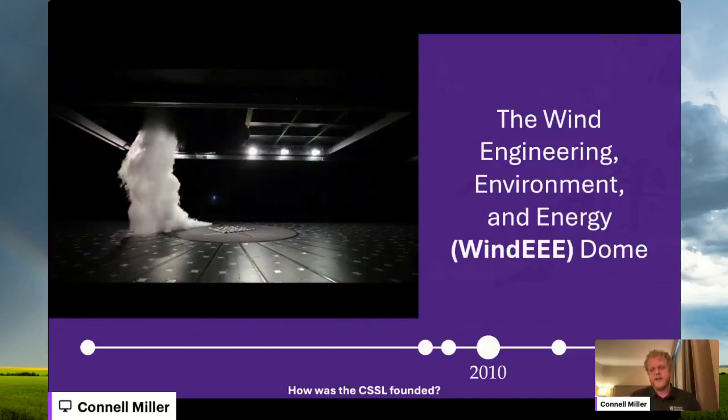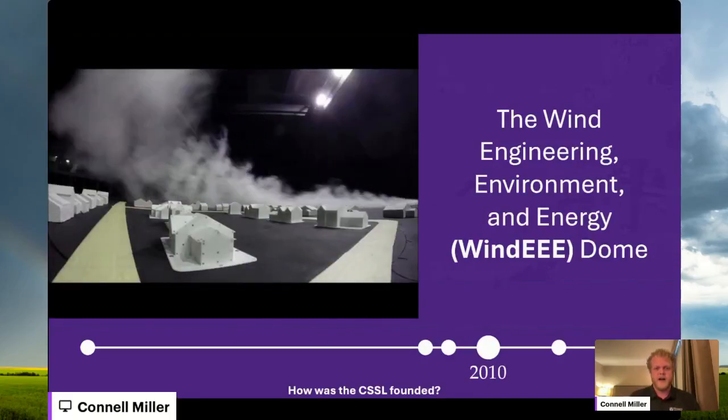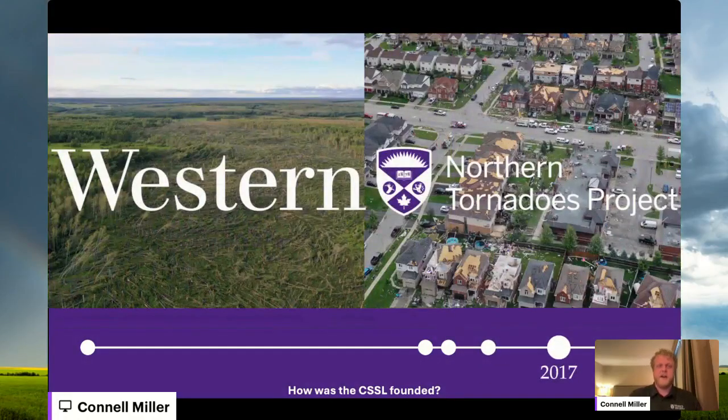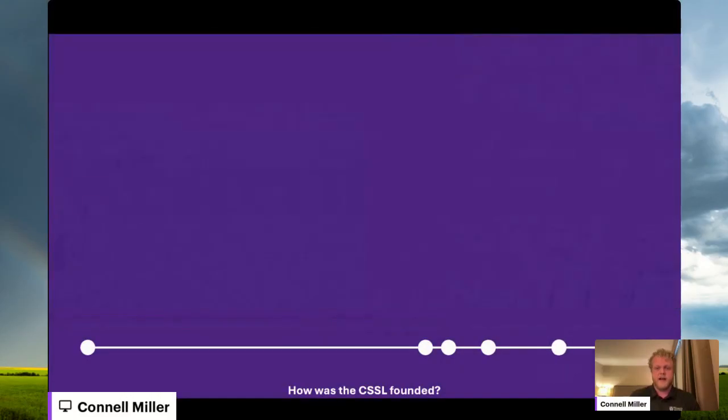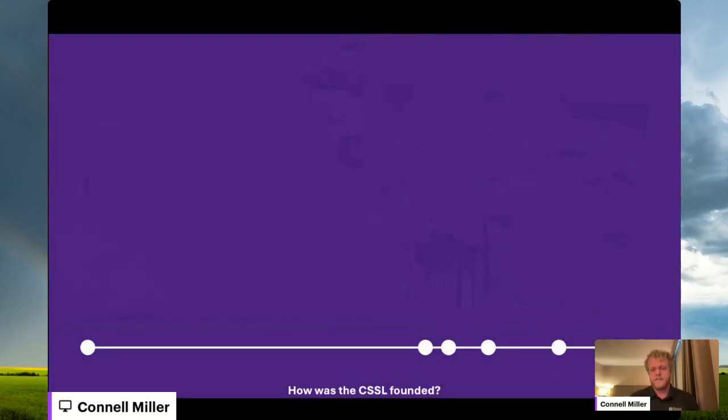This also led to the creation of the Windy Dome in 2010, which is our tornado generator over at Western University. And then finally, in 2017, we started the Northern Tornadoes Project with the goal of trying to capture data about every single tornado in Canada. This then expanded to the Northern Hail Project in 2022, where very similarly, we were trying to gather data about every hailstorm in Canada.